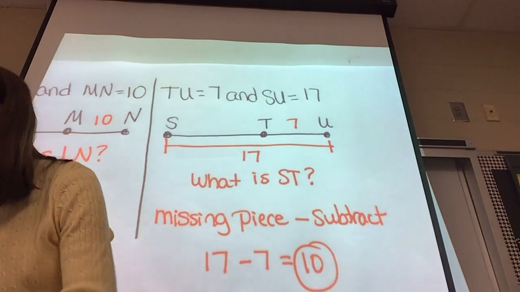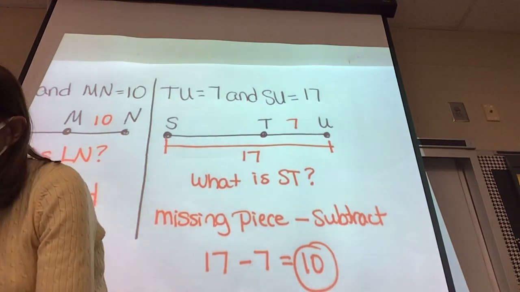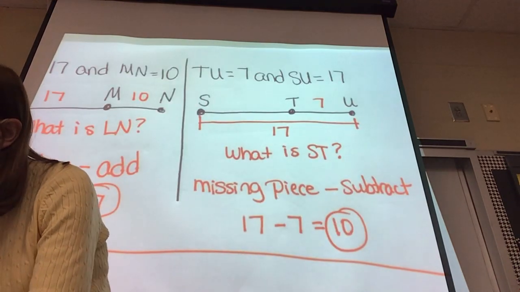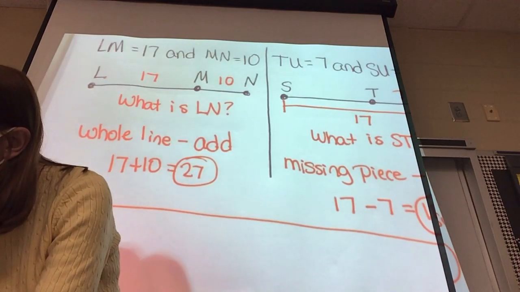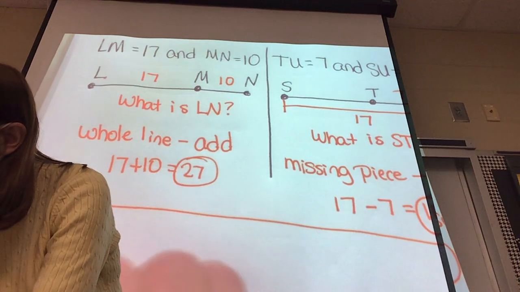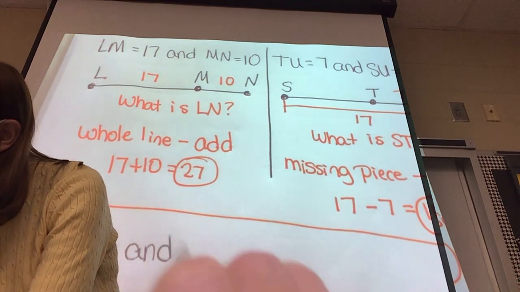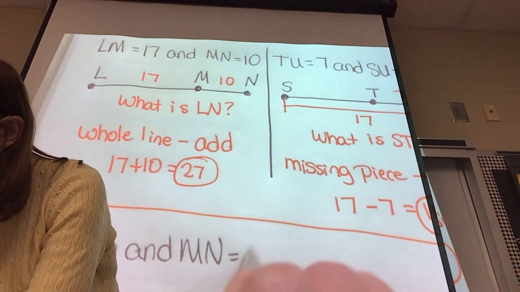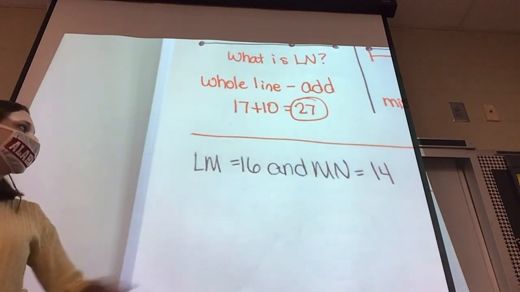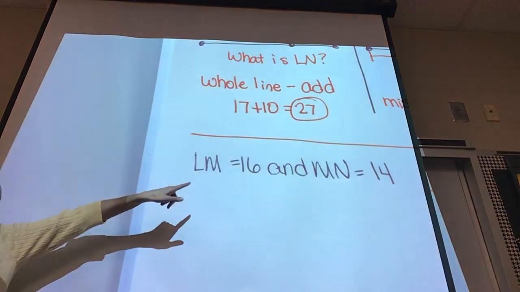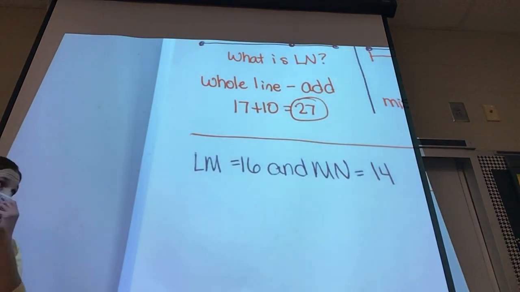So let's try another one. So let's say this time I've got LM equals 16 and MN equals 14. So I got LM is 16 and MN is 14.